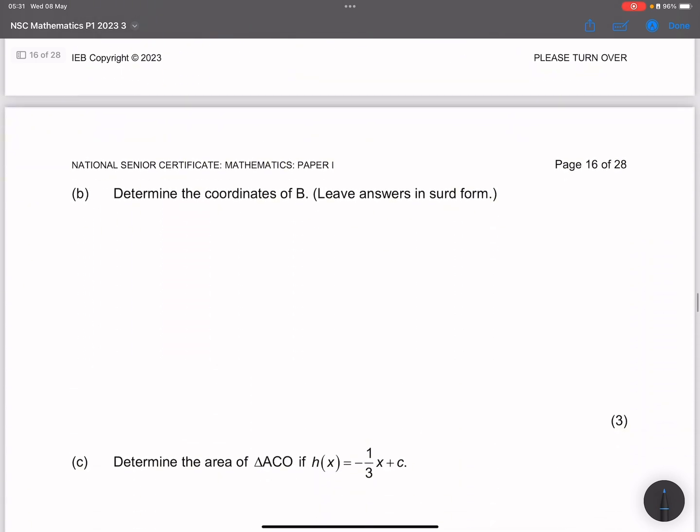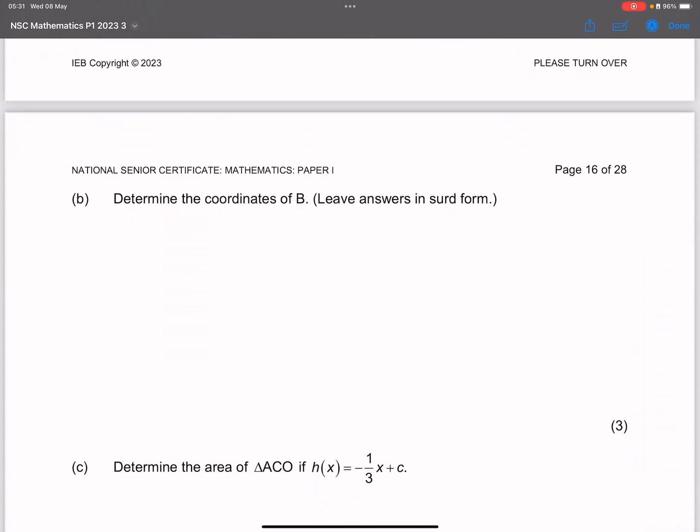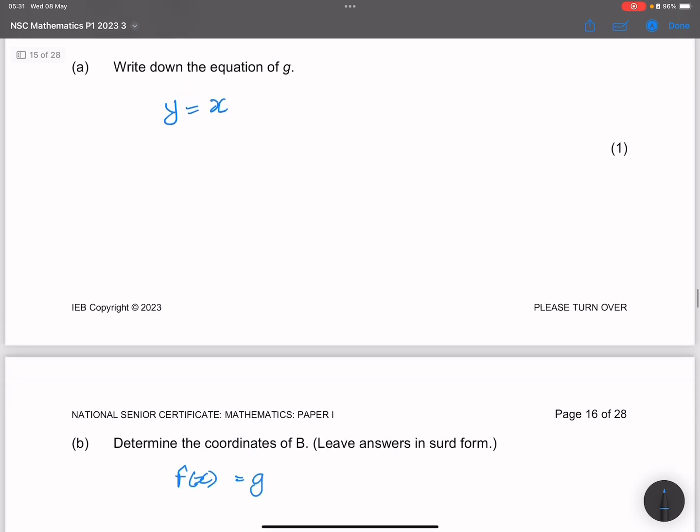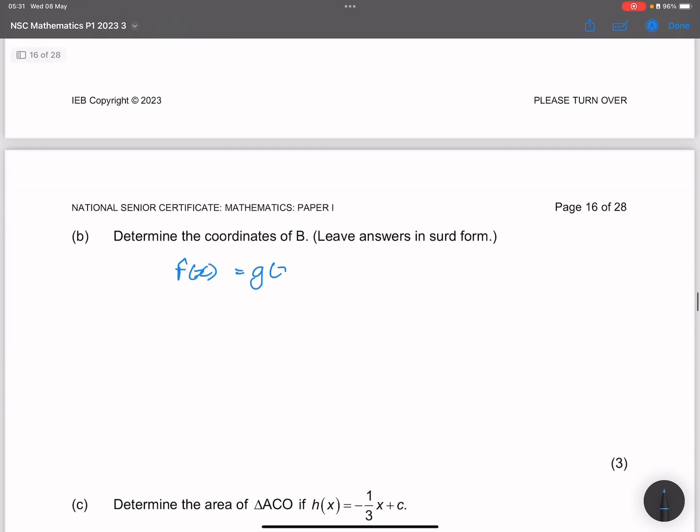So this is where f of x will be equal to g of x. This is where 12 over x is equal to the line y is equal to x. And so we can do our gymnastics there. That's over 1. So cross multiply, that gives us x squared is equal to 12.